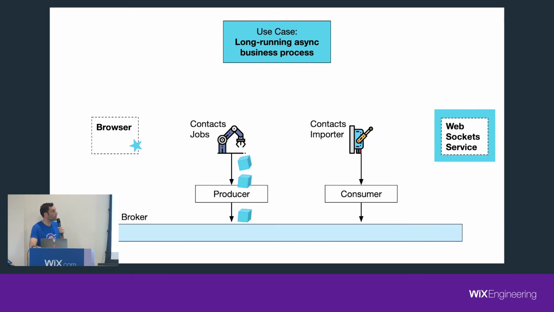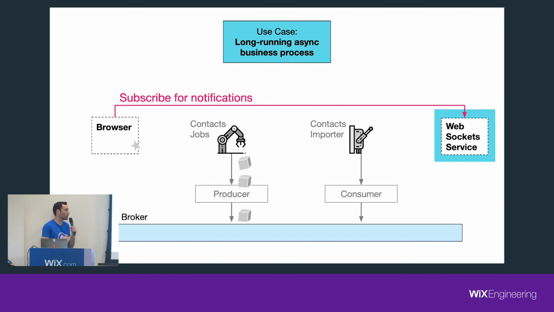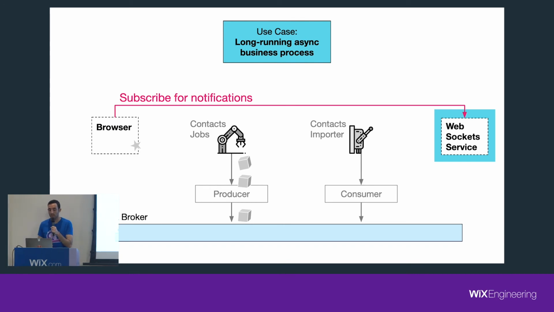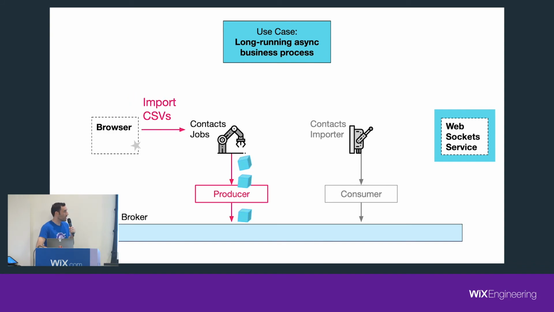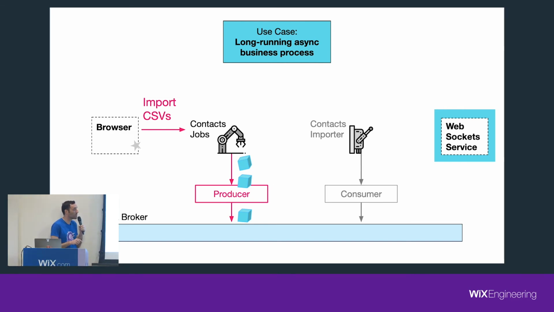So we decided to introduce a WebSocket service here that we created at Wix. The first thing that will happen is the browser will subscribe for notifications from the WebSocket service on a dedicated channel ID. Then all you have to do is get the browser to request importing of CSVs or import from Google, or all kinds of scenarios, from the contacts job service, which produces the messages to Kafka.